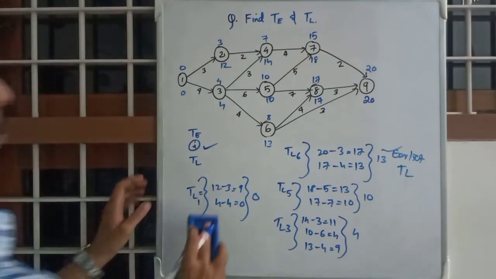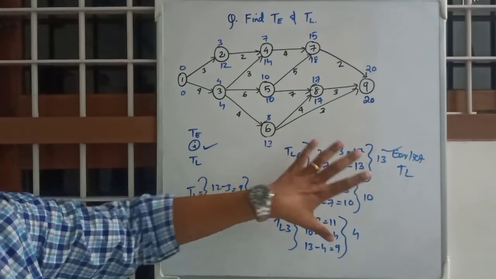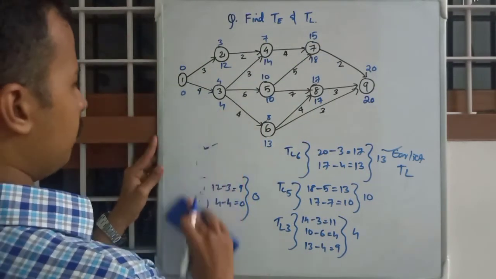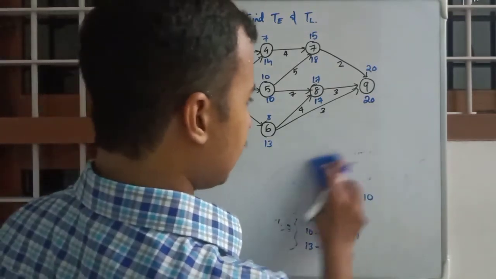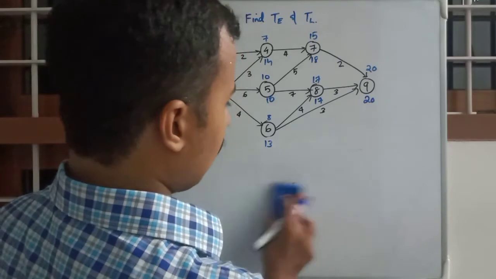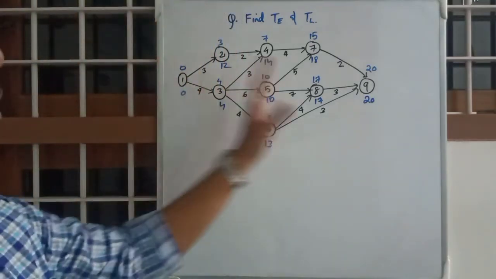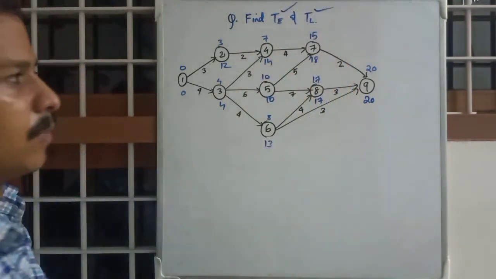Okay, so this is the type of calculation we need for the answer sheets, and this should be the final input. It may be messy, but you can draw it more neatly later after solving. Okay, so we have all the TL and TE values obtained.